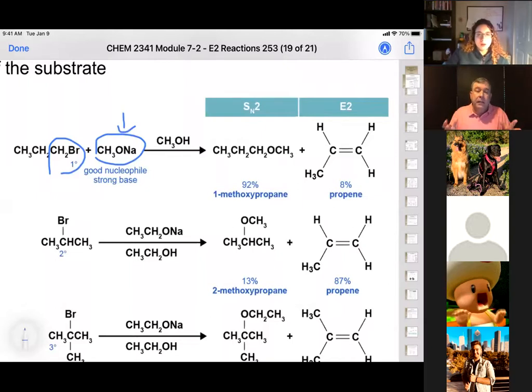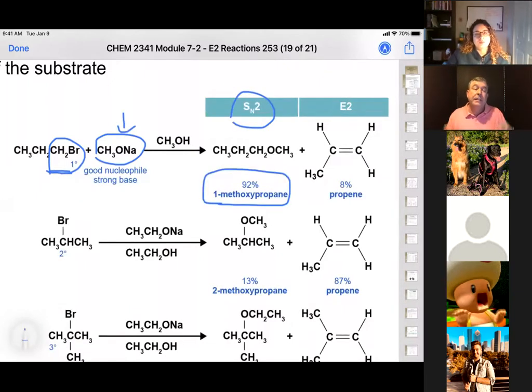So because it's a good nucleophile and a strong base, it's going to be in competition with the SN2 reaction and the E2 reaction. But the defining factor here is we have a primary alkyl halide. Our primary alkyl halide does not have a lot of steric demand, and therefore the SN2 dominates on this one right here.